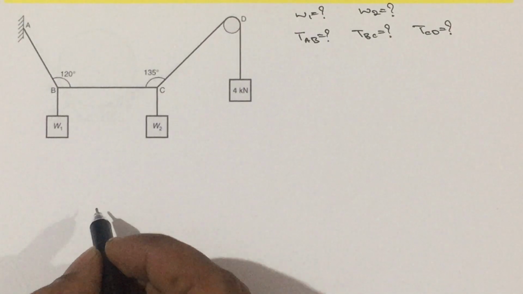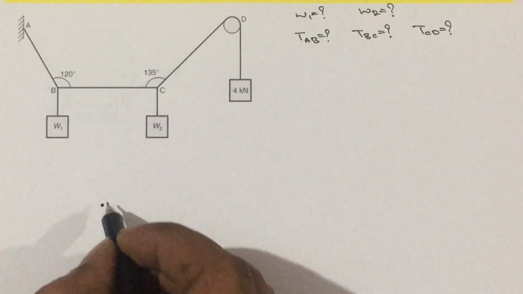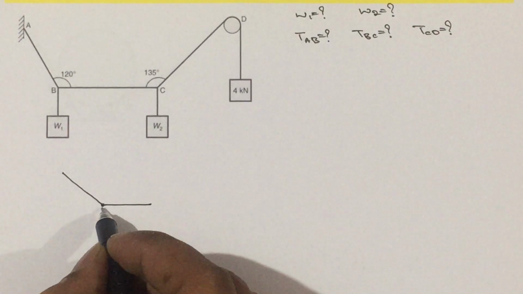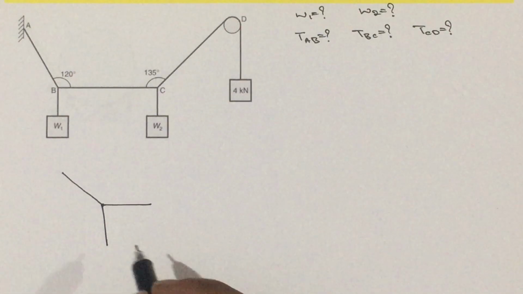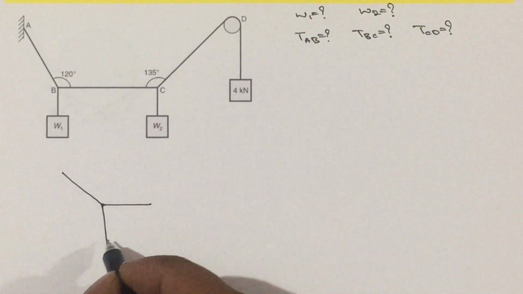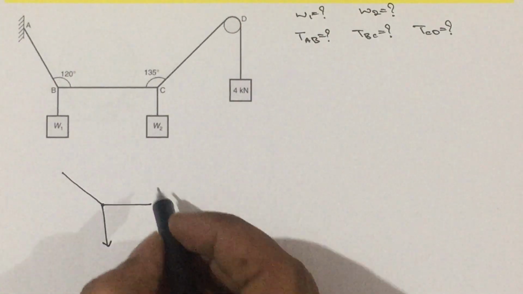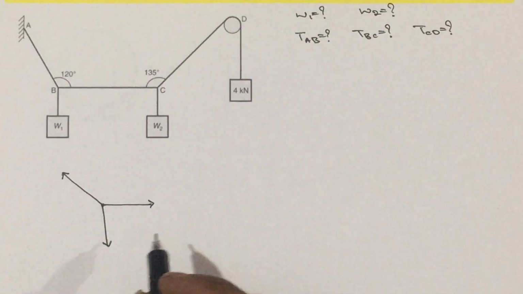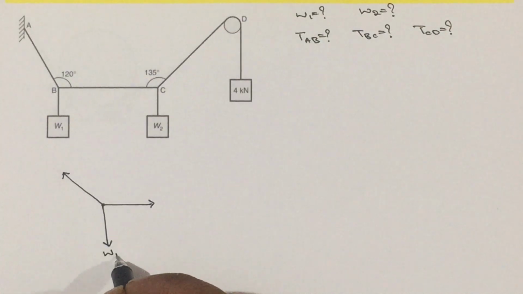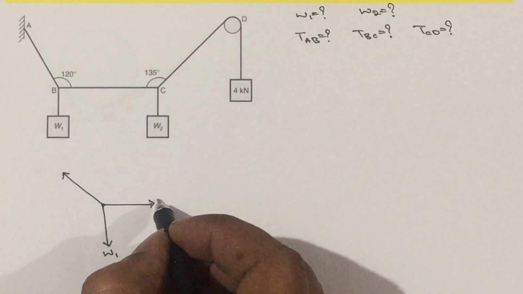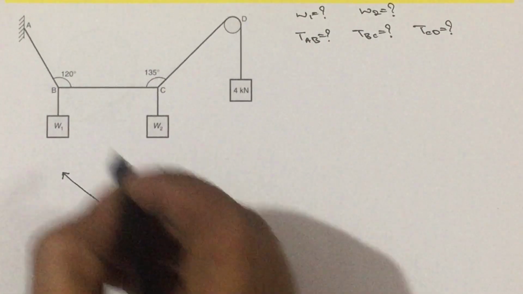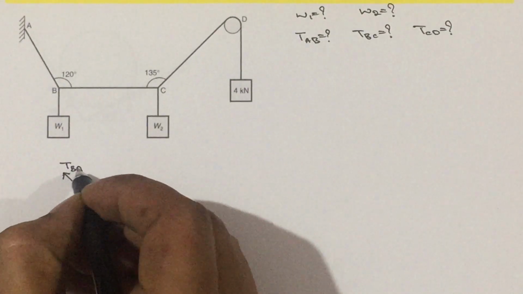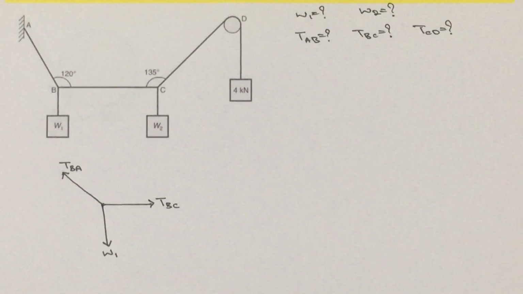So, at B, write a point, then write the connected lines, then this will be the weight, then direction, the weight acts vertically downwards. These two members are subjected to tension, so outside arrow, then values, it is W1 and this will be TBC, this will be TBA. Then we need angles.